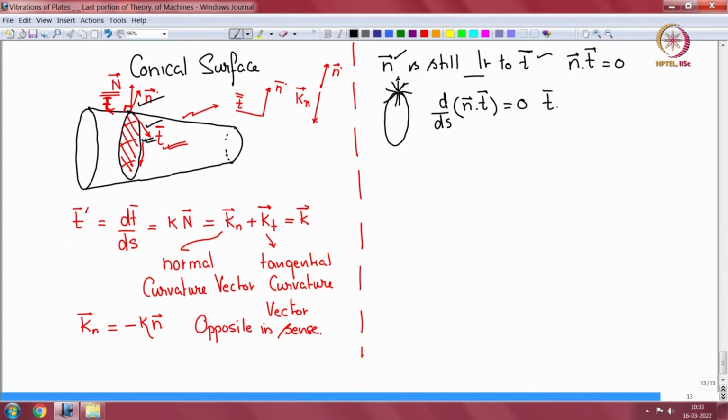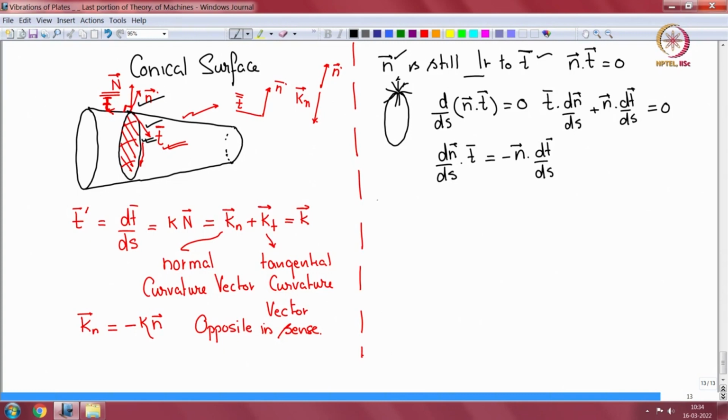T bar dot dn by ds plus n bar dot dt by ds equal to 0, or dn by ds dot t bar is equal to minus n bar dot dt by ds.